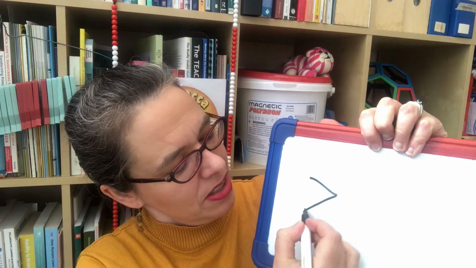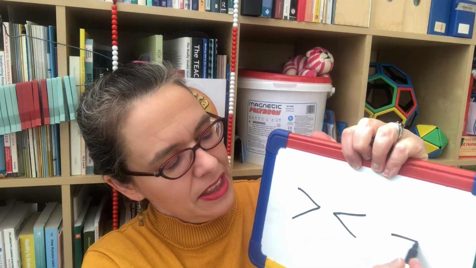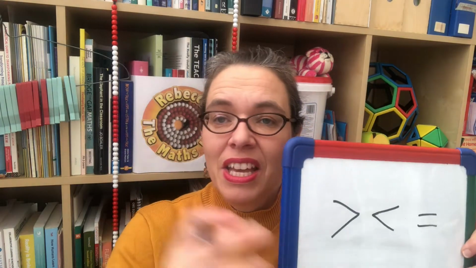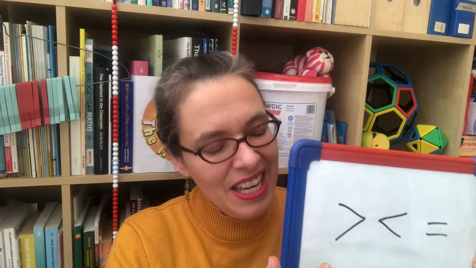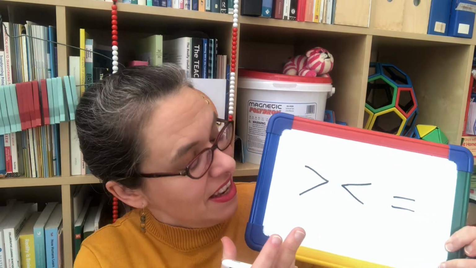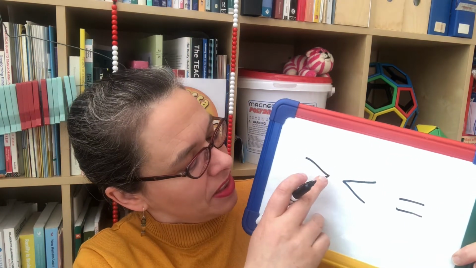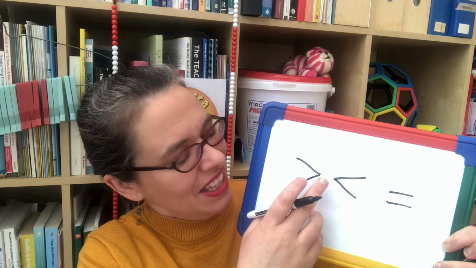And then we definitely want to do work on comparison, and we should practice these symbols, the greater than, less than, and the equals symbols. We can have some laminated on cards and children can pick the right one to put in as they measure things and compare things. And it's worth revising this fact that the small end of the symbol goes with the smaller object.